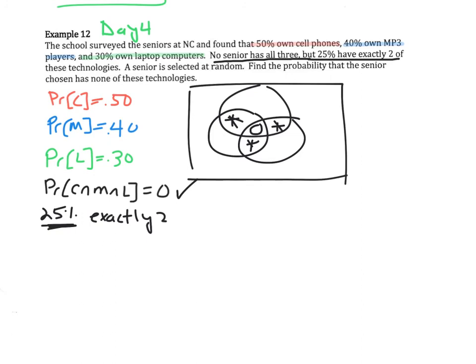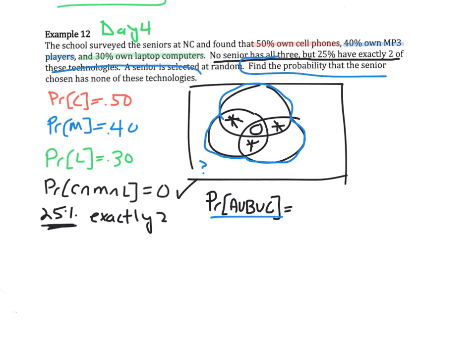What I would suggest is maybe using an extension of the formula we used 2 problems ago. And here's what my thinking is. If I can figure out this probability, which would be all of this, I could very easily figure out what's on the outside here, and that's the question I'm meant to answer. Who has none of these?